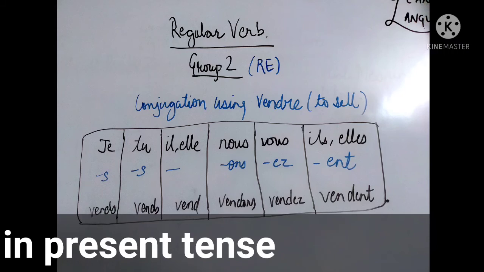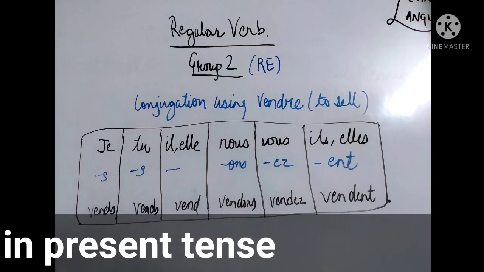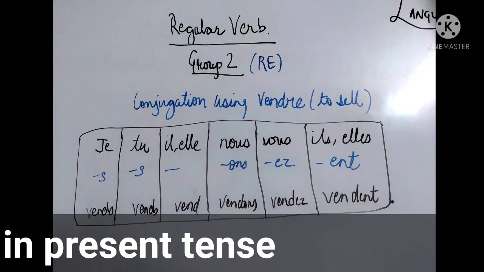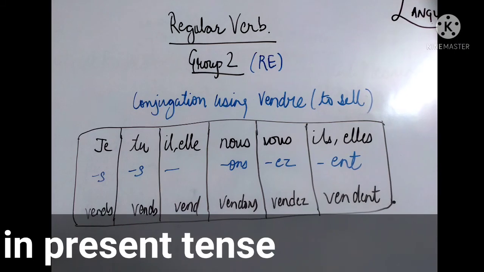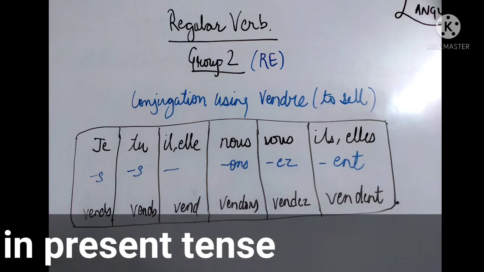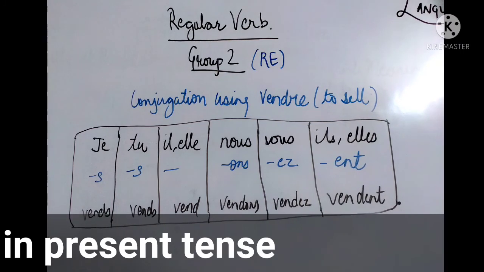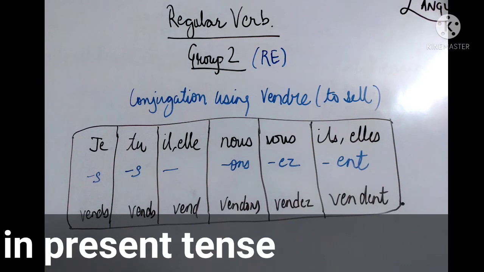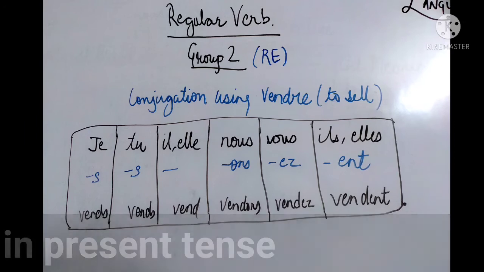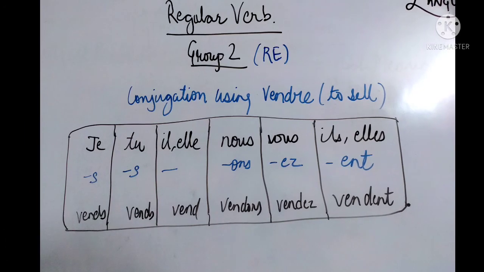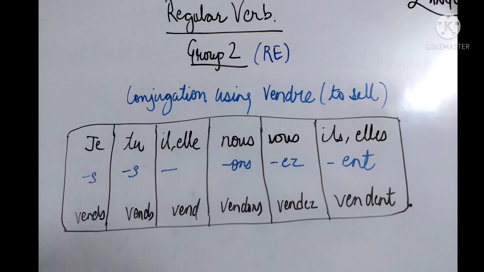in the present tense. On the top layer, you can see the subject pronouns je, tu, il, nous, vous, ils. The conjugation for an RE category verb is S for je, S for tu, nothing for il, ONS for nous, EZ for vous, and ENT for ils plural. Now what is the pronunciation?